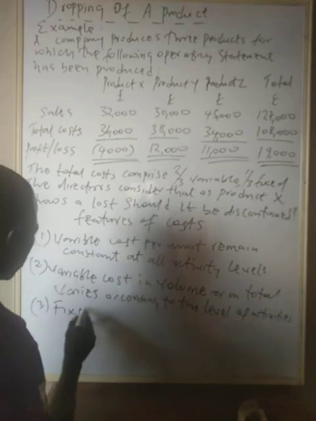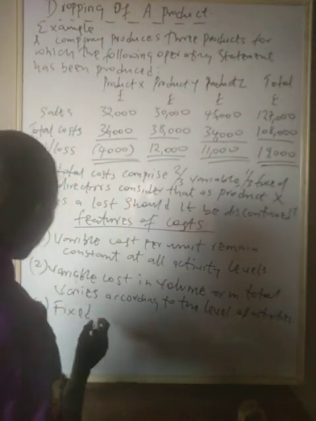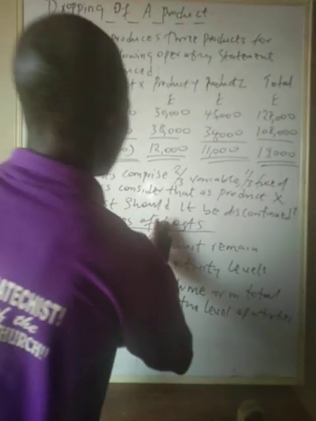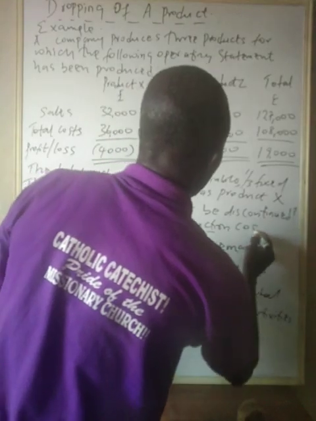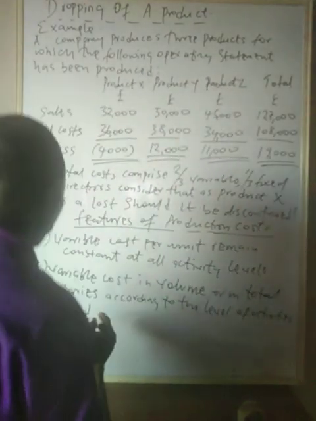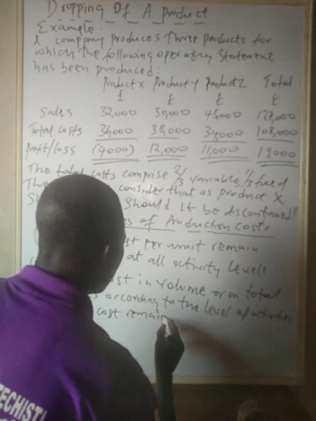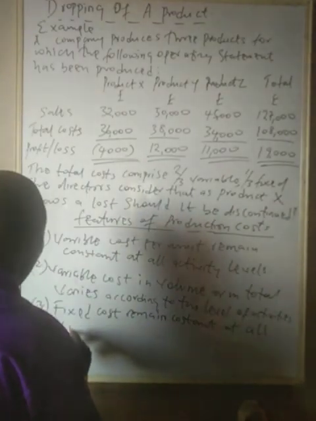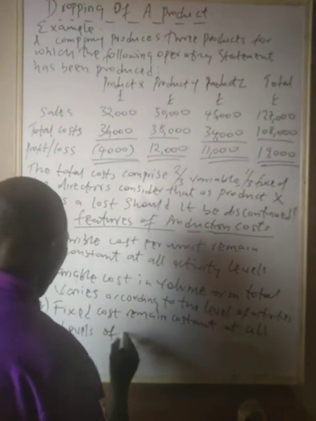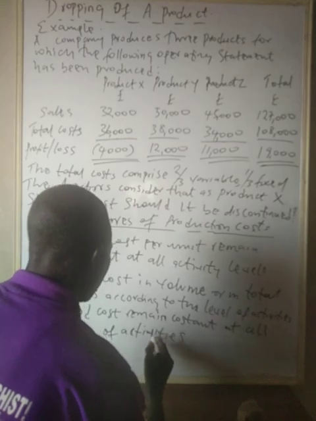Fixed cost, an assumption of production cost, remains constant at all levels of activities.